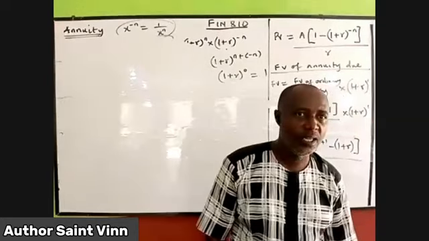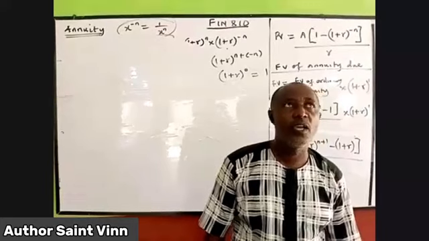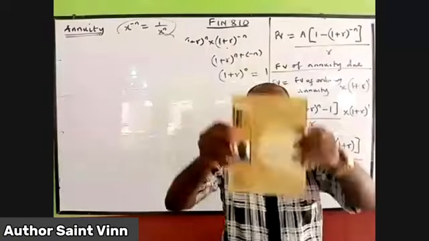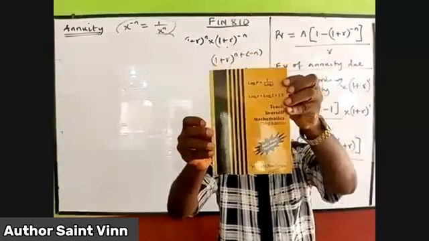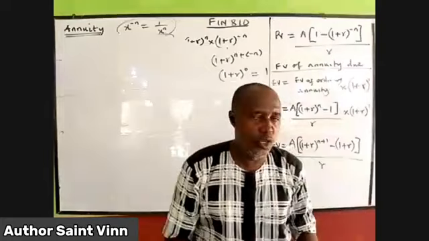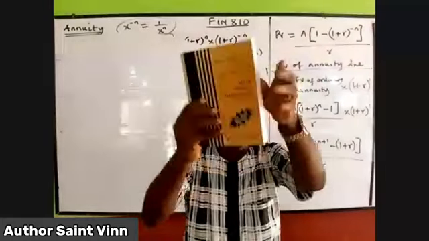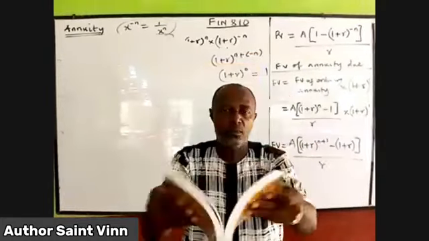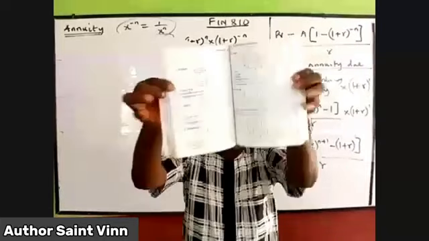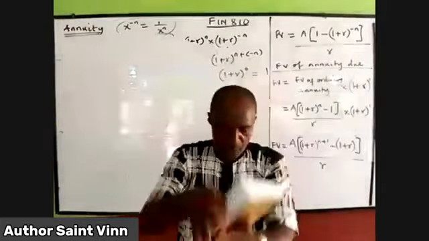Okay, I think light came. Is it clearer now? Very good. So this is how it looks like. That's why they call me author. So it's just 5,000 naira. If you're interested, you can talk about it.